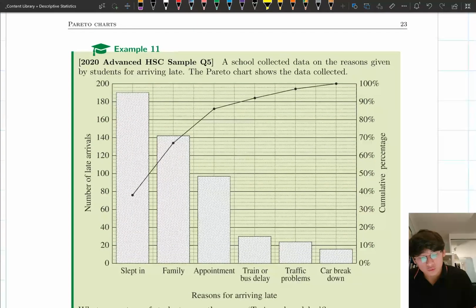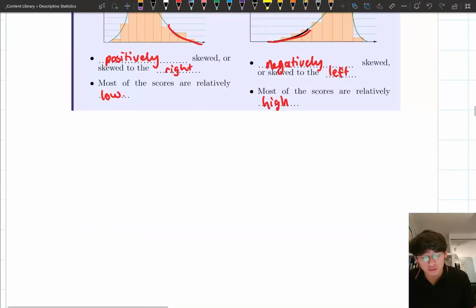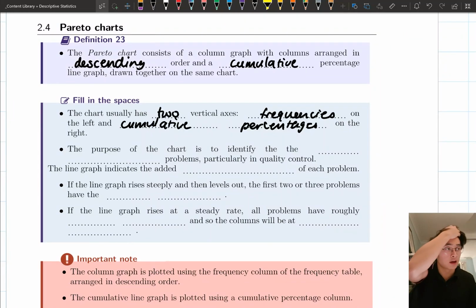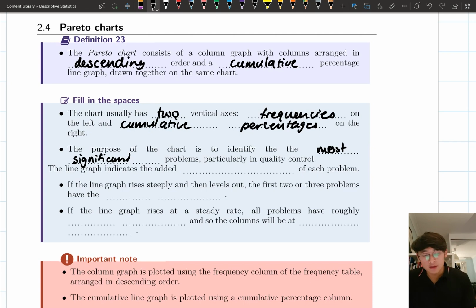Now, the purpose of a Pareto chart is to identify the most significant problems, particularly in quality control. The line graph indicates the added percentage of each problem.